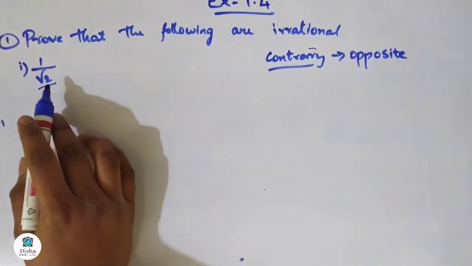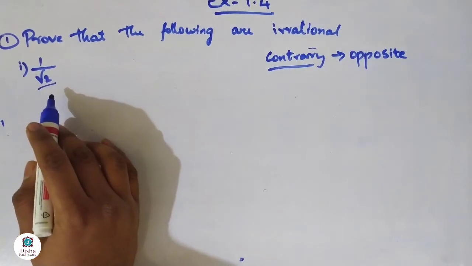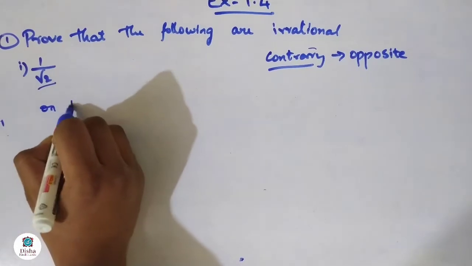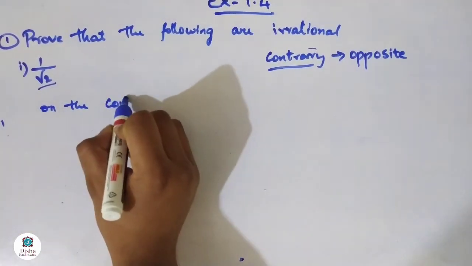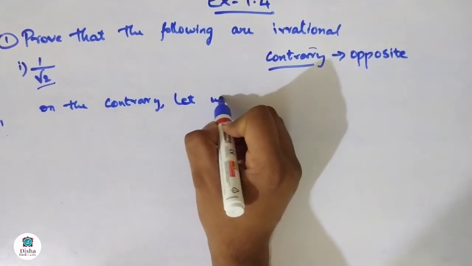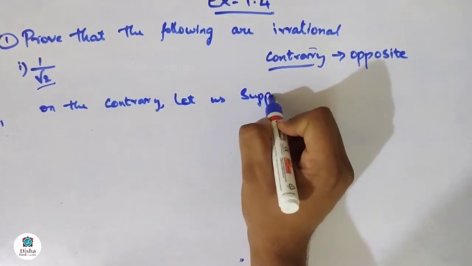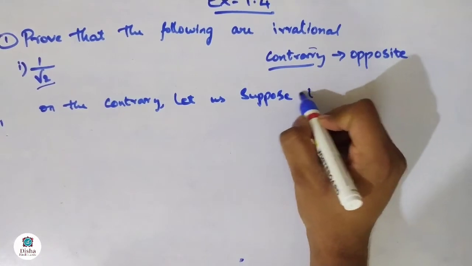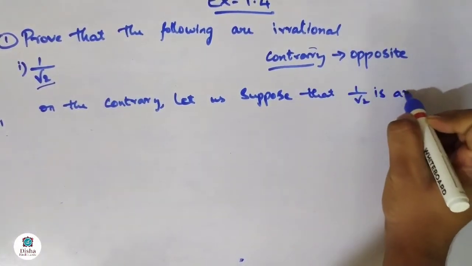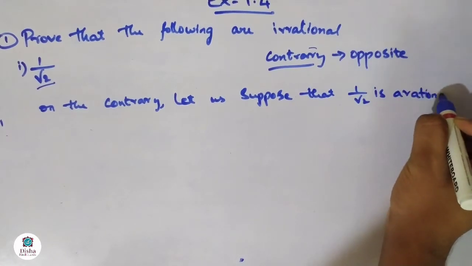So now we have 1 by root 2. What do we take? On the contrary, let us suppose that 1 by root 2 is a rational number.